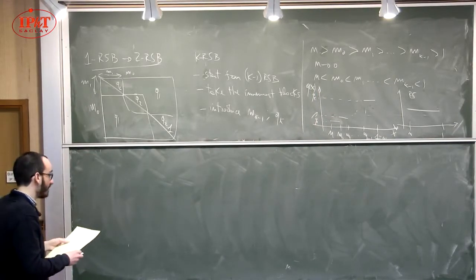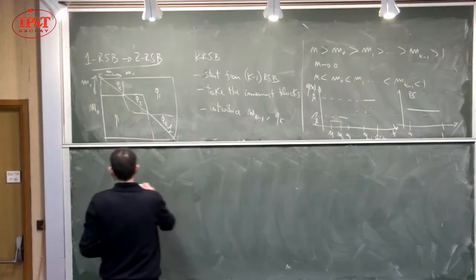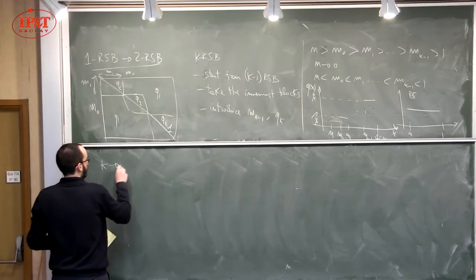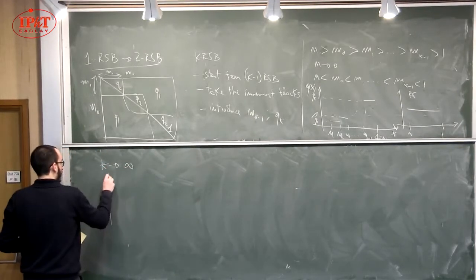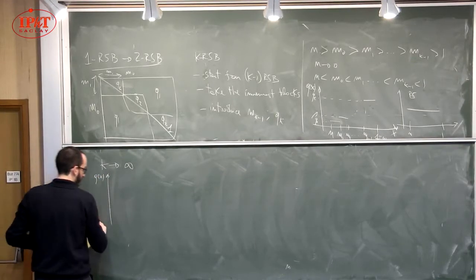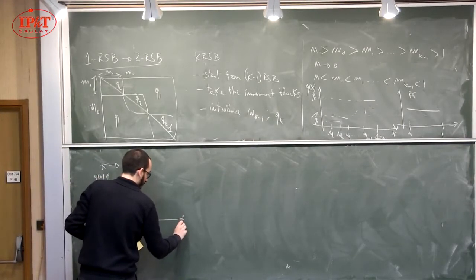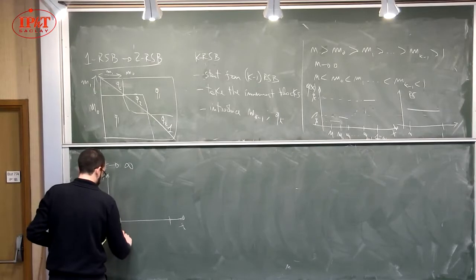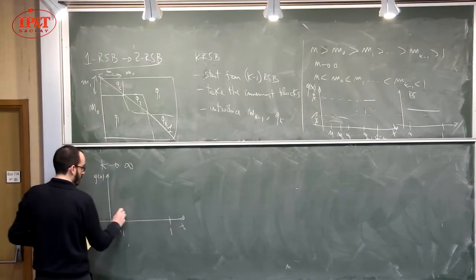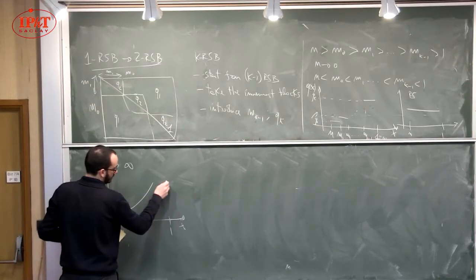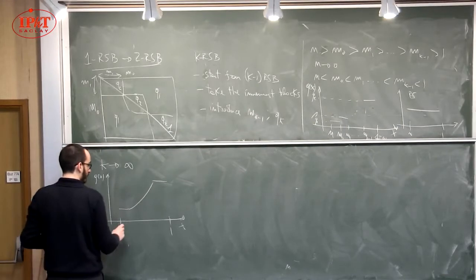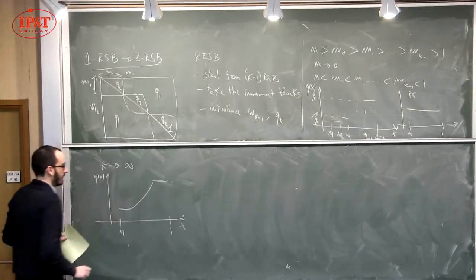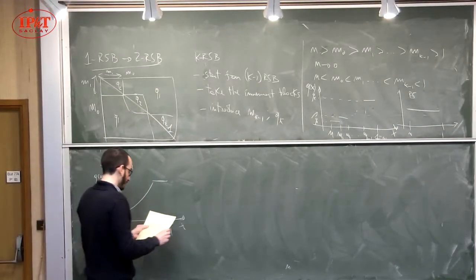Okay, so if you take the limit in which k goes to infinity, then you can have a function q of x that will be something like that, typically. So I'm writing an increasing function, of course.